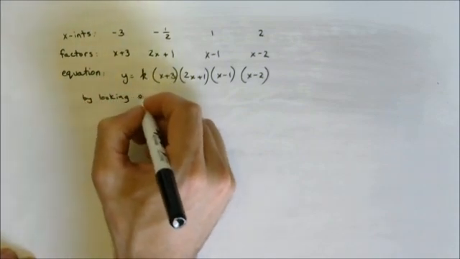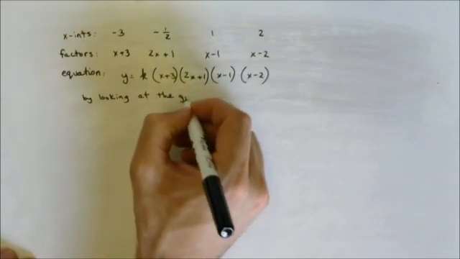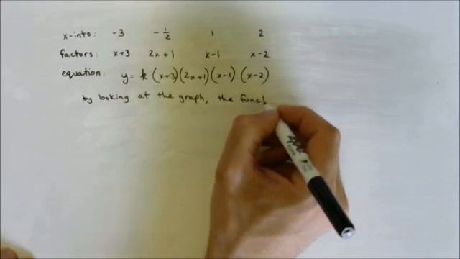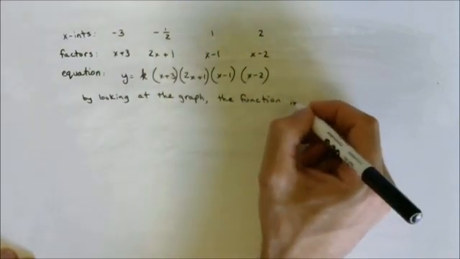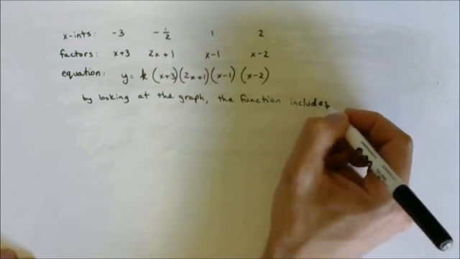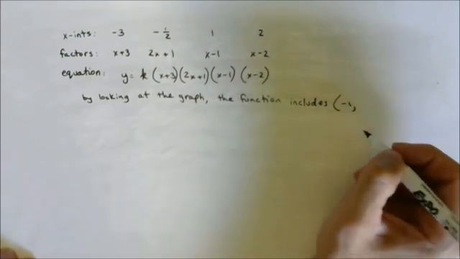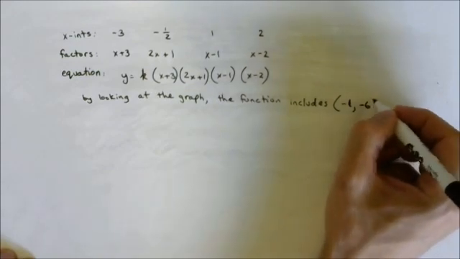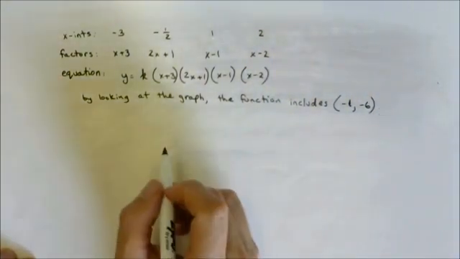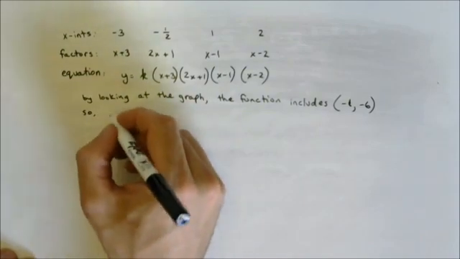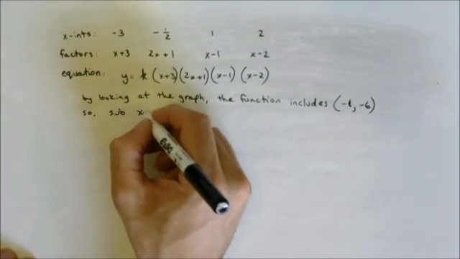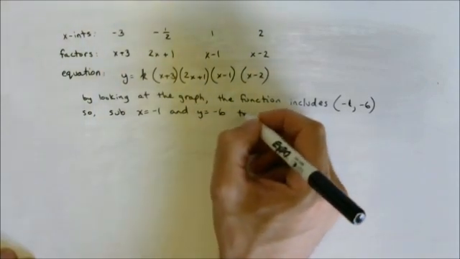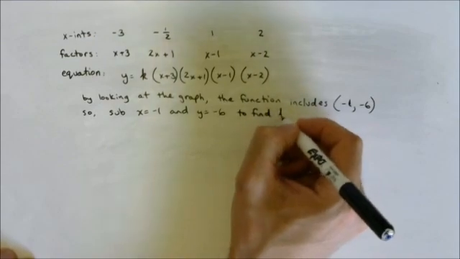By looking at the graph, the function includes -1 and what y value? -1, -6. So sub x equals -1 and y equals -6 to find k.